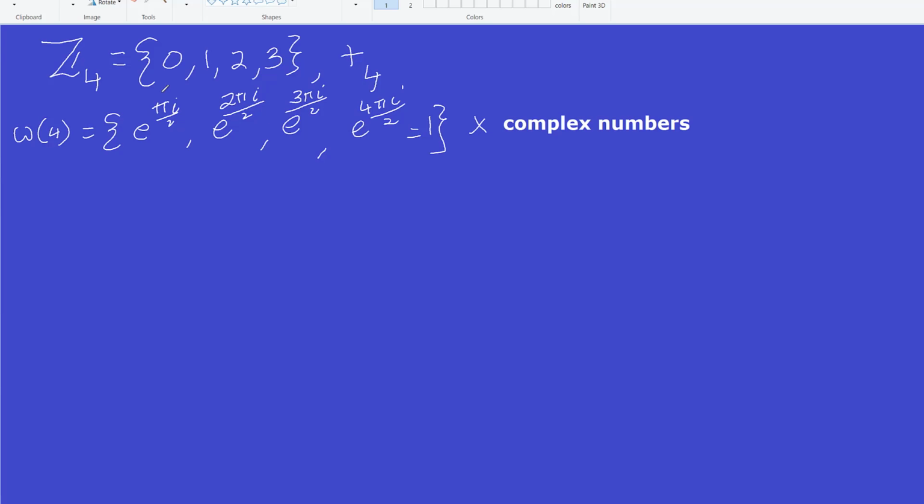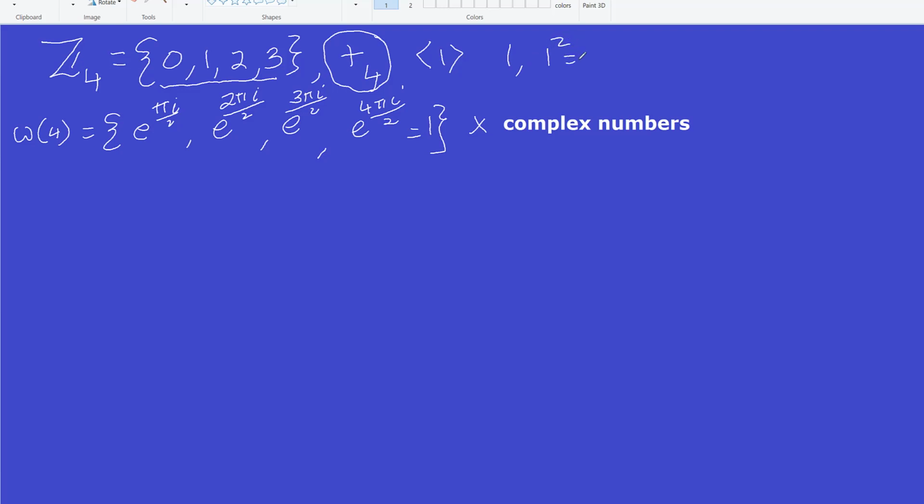And remember I said that I would stop putting bars on these numbers. Once I say addition modulo 4, it's clear that these are integers modulo 4, okay? So you can see this group is generated by, say, 1, because we have 1.